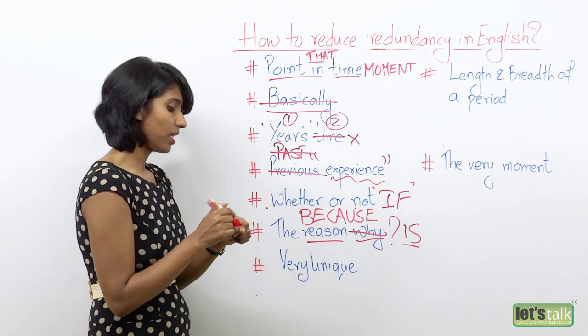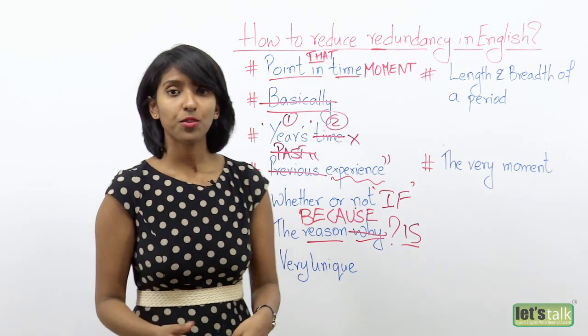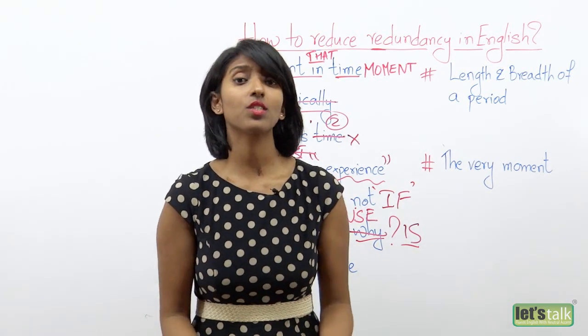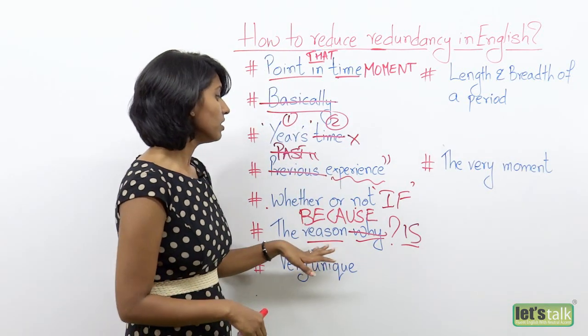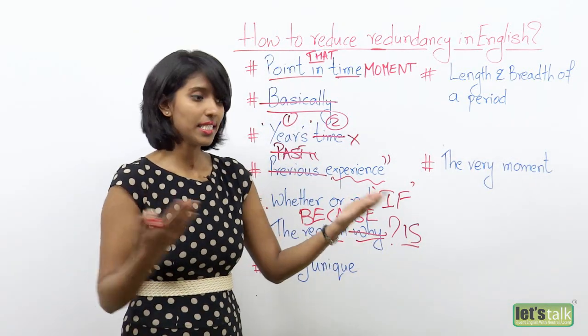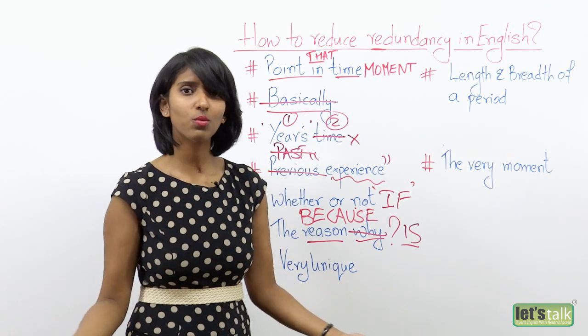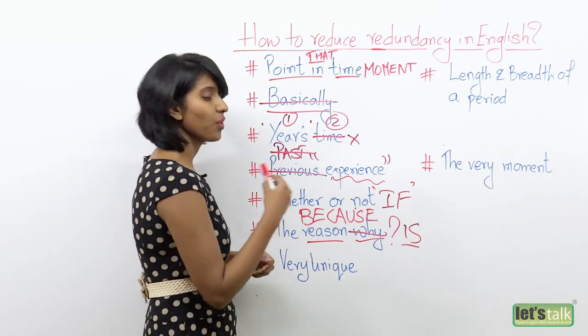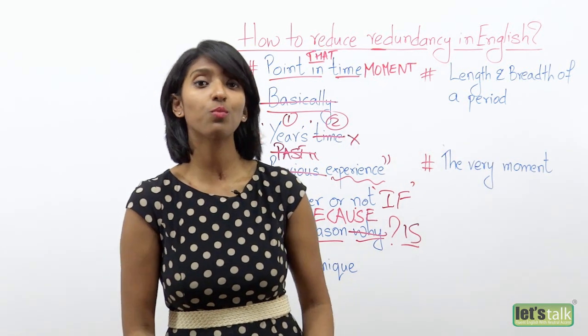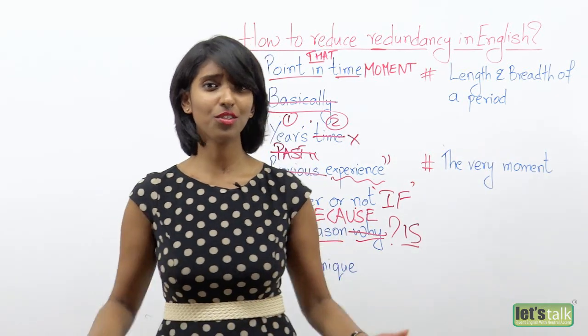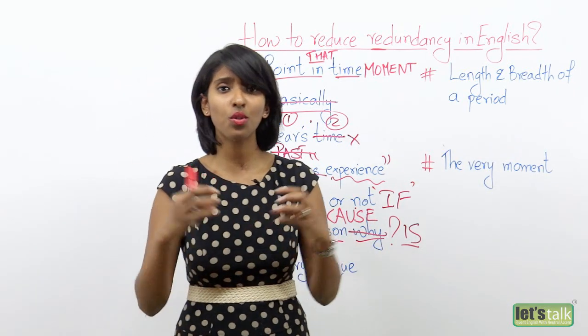So either you say you need a laptop because you can take this wherever you go, or you say the reason is that you can take this laptop wherever you go. You don't have to use the reason why you need the laptop is because you want to take the laptop wherever you go. See the difference? It's so wordy, it's so lengthy.